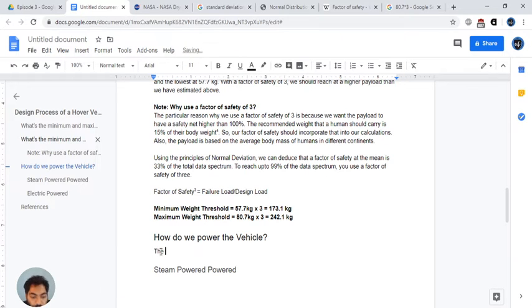Let's explain that. The primary design constraint is the payload. I don't really care right now if it travels for 7 or 8 seconds, because I'm trying to make it so that people can use it on a day-to-day basis.